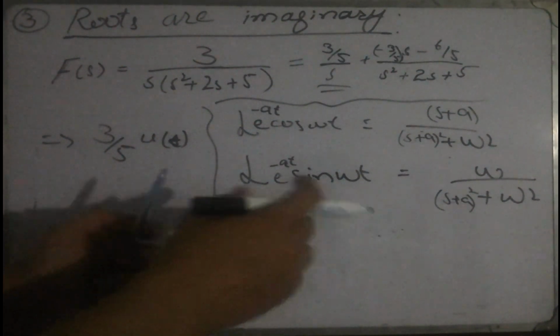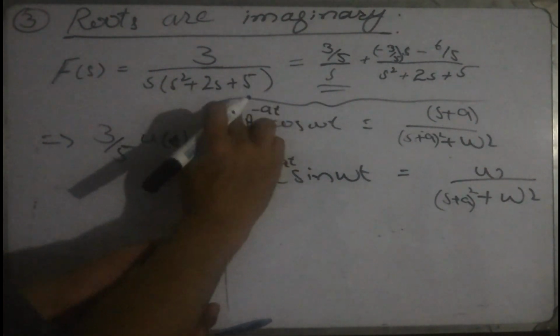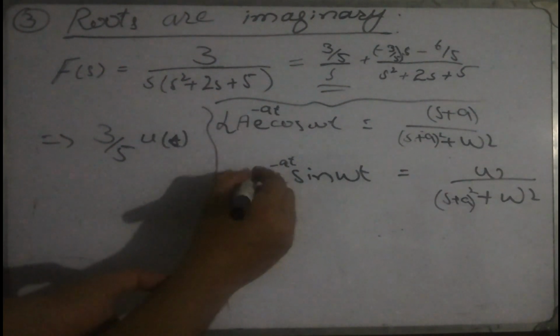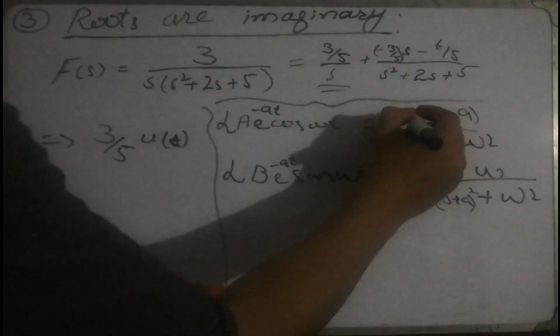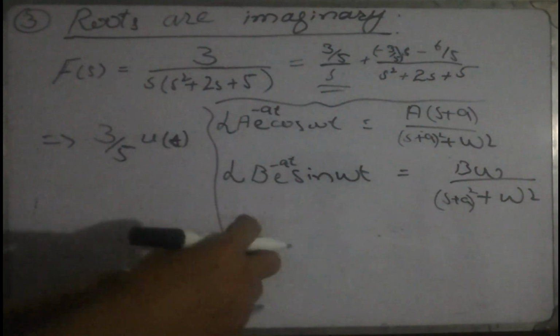Now, if we have some constant over here, let's suppose it is a constant a, and this one is having another constant b. Okay, then those constants would be the same over here and with that one as well.